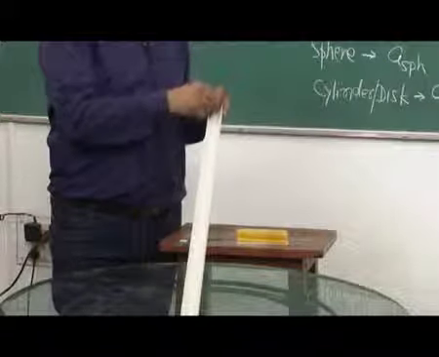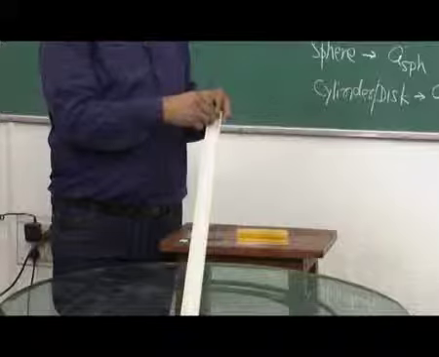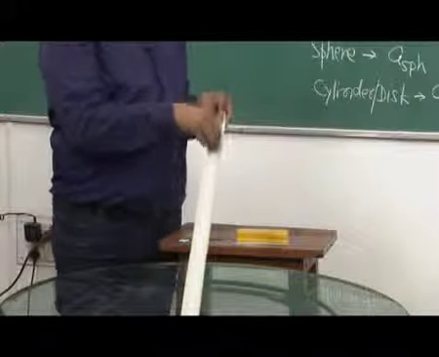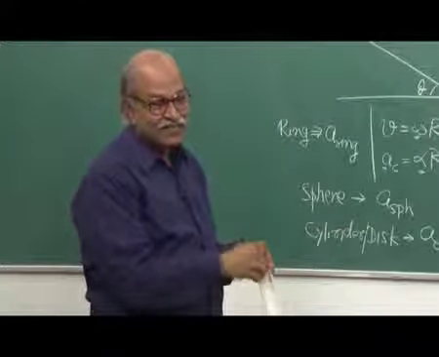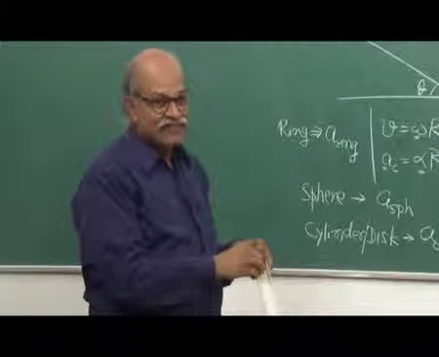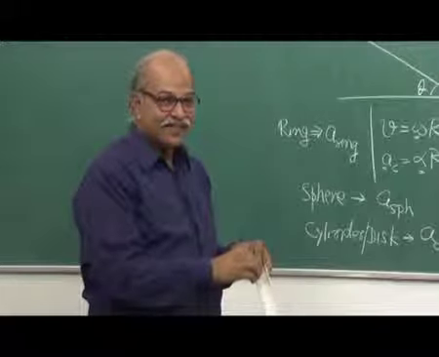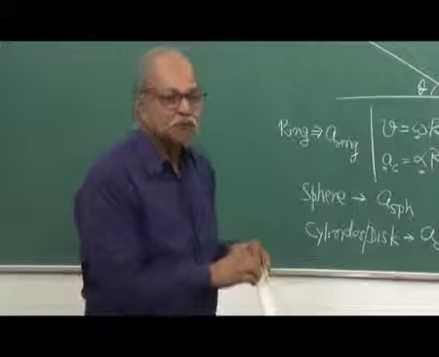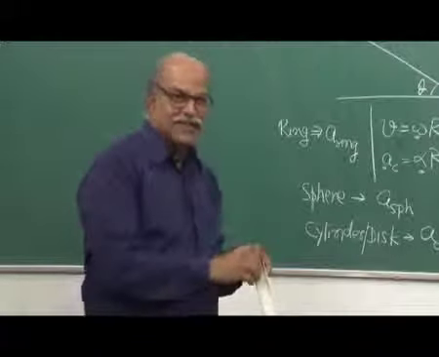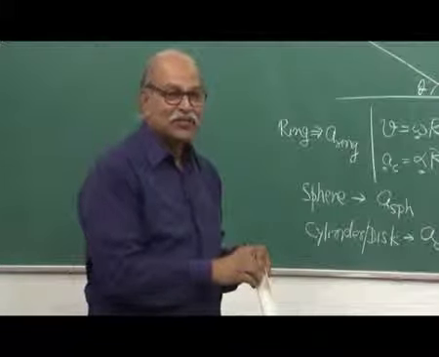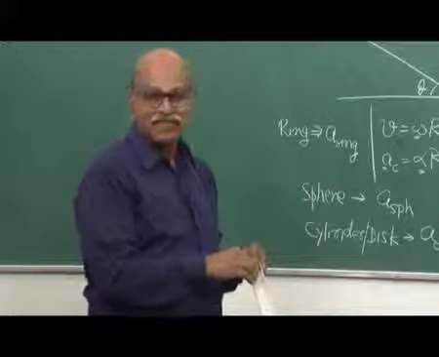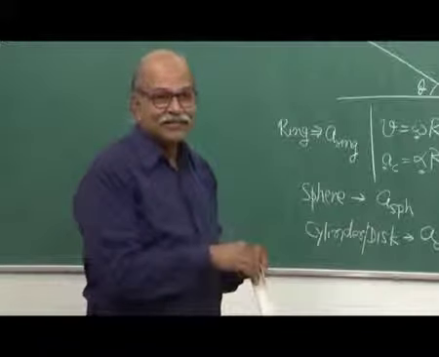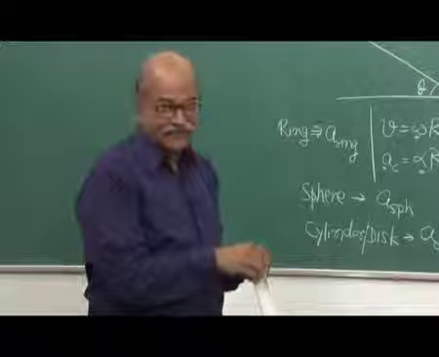But when the ball is behind and the disc is ahead, they are coming together. Not very unnatural, because the ball has larger acceleration and the disc has smaller acceleration. So the ball is pushing the disc, but the disc is there. It's not allowing the ball to go freely with its natural acceleration of 5/7 g sin theta or so, and therefore they are coming together.